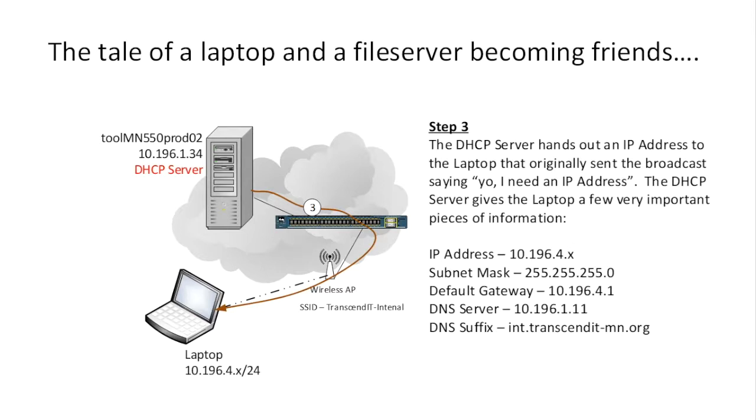Now, that was the name of our file server, but really computers don't really like using names. Names don't mean anything to them. The DNS server behind the scenes literally converted that file mn550 name to an actual IP address. So this is just literally saying to the computer, go talk to this DNS server and ask it what in the world that name actually means.